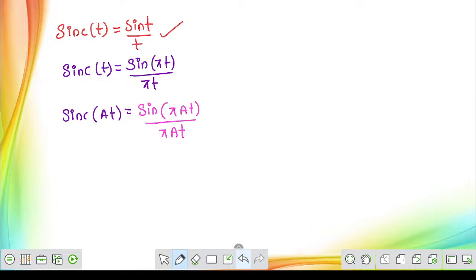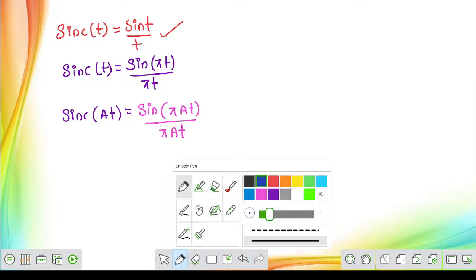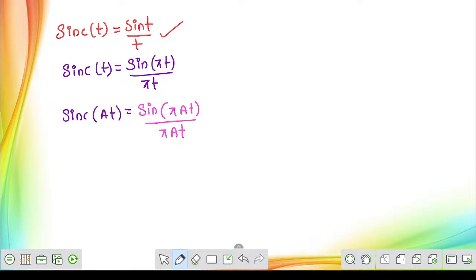Sometimes they will give some other form. You can observe these things while solving itself, and you can easily catch it. In the examination, sin of x times t will be given, and in the denominator y into t, where x and y are some arbitrary constants. If your function is defined like this, what about its equivalent sinc value?